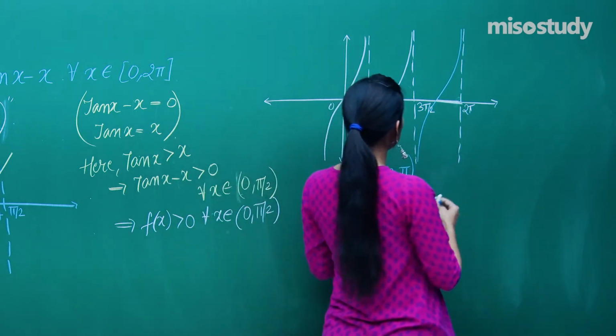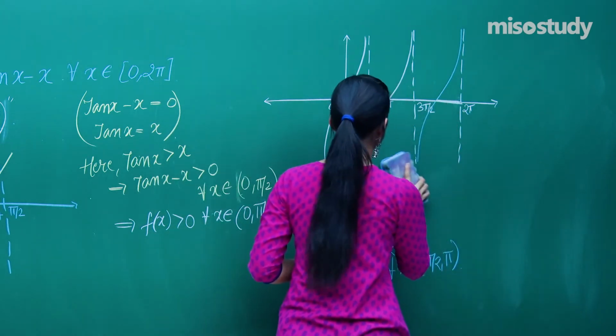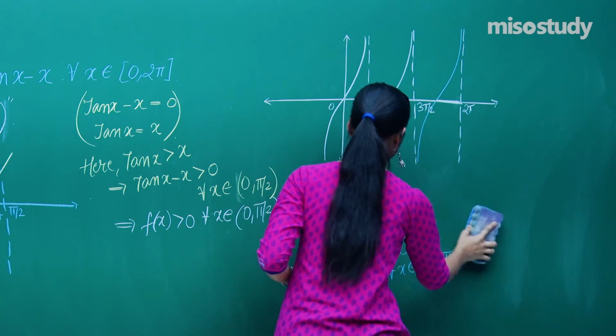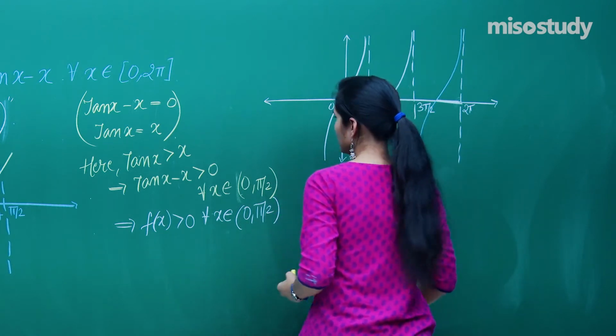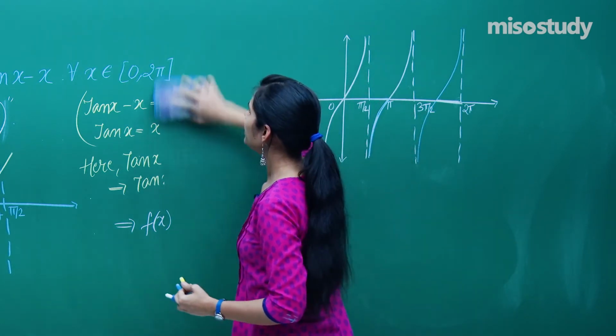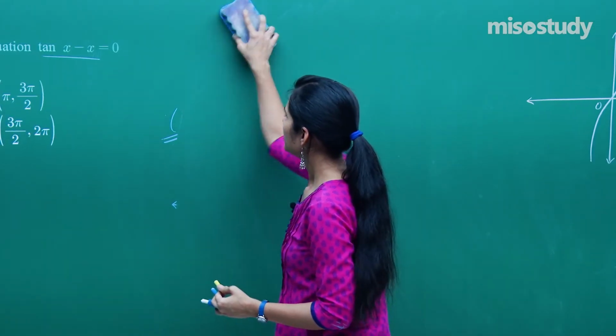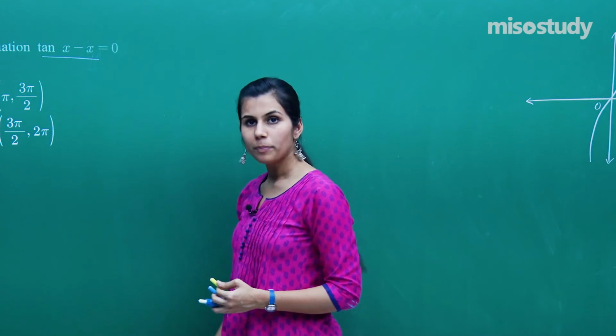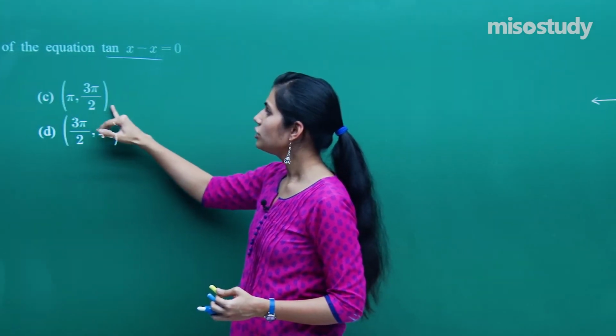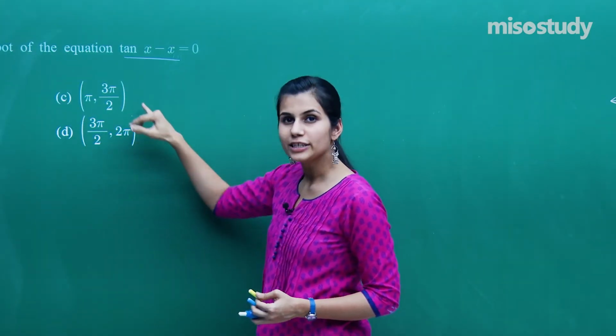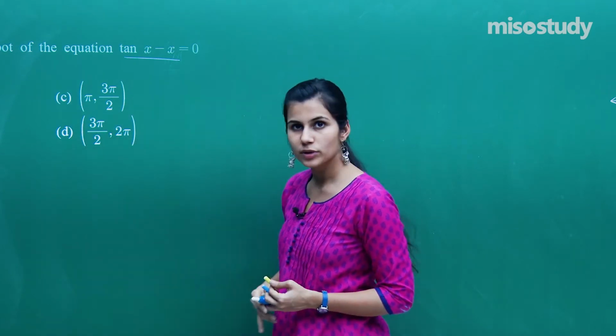First of all, don't forget what we did. We have accomplished the understanding of 0 to pi by 2. Then we had pi by 2 to pi. Then pi to 3 pi by 2, 3 pi by 2 to 2 pi. So we still need to accomplish our understanding on these two intervals.